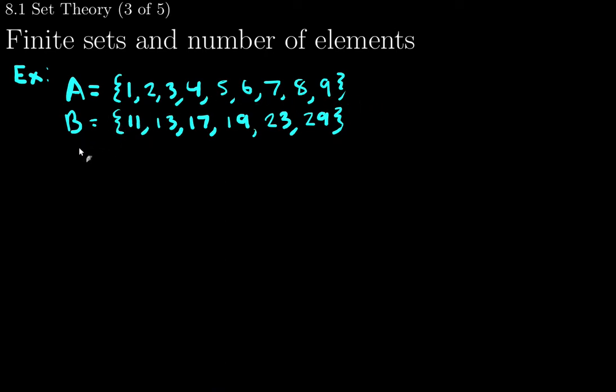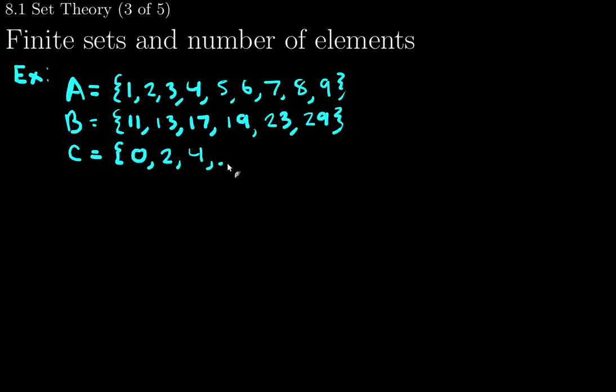Or I could also consider the set of all even natural numbers less than 100. So the smallest even natural number is 0. And we keep on going with even numbers.